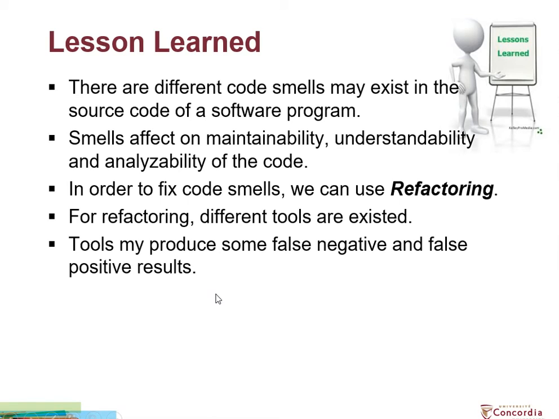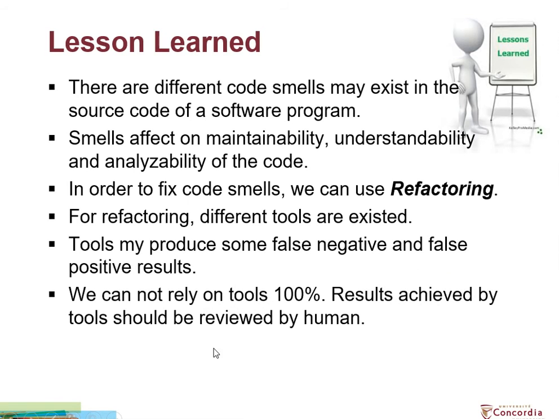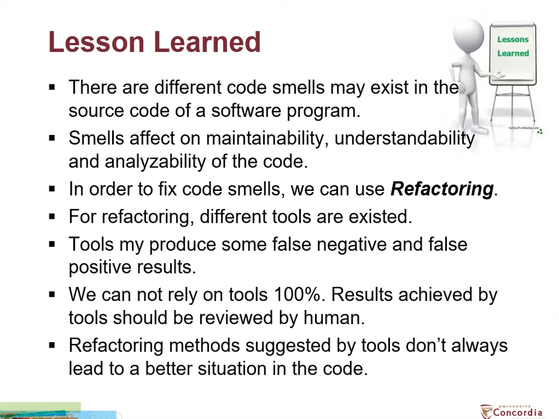But tools may produce some false negative and false positive results. So we cannot rely on tools 100%. Results achieved by tools should be reviewed by humans. And refactoring methods suggested by tools don't always lead to a better situation in the code, as we discussed before.